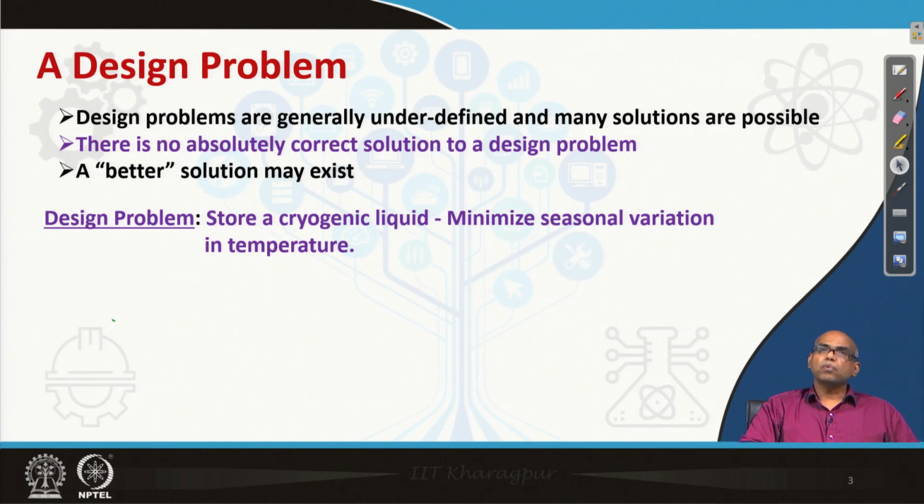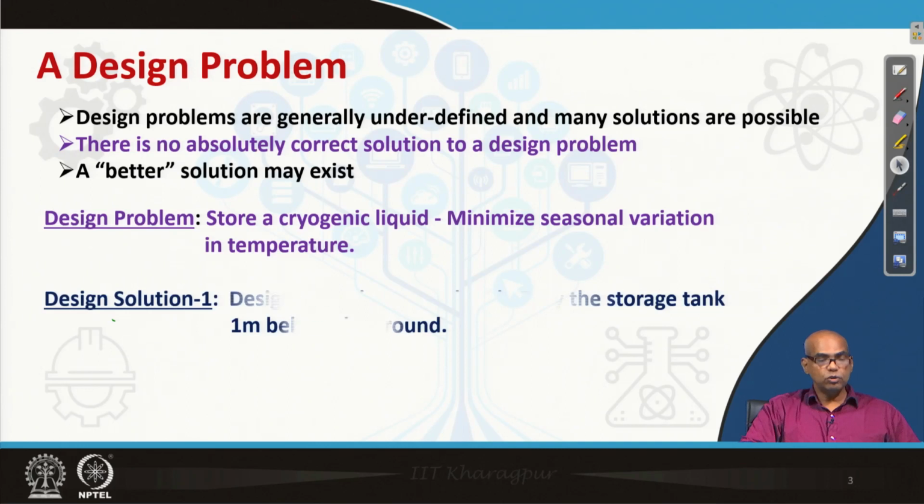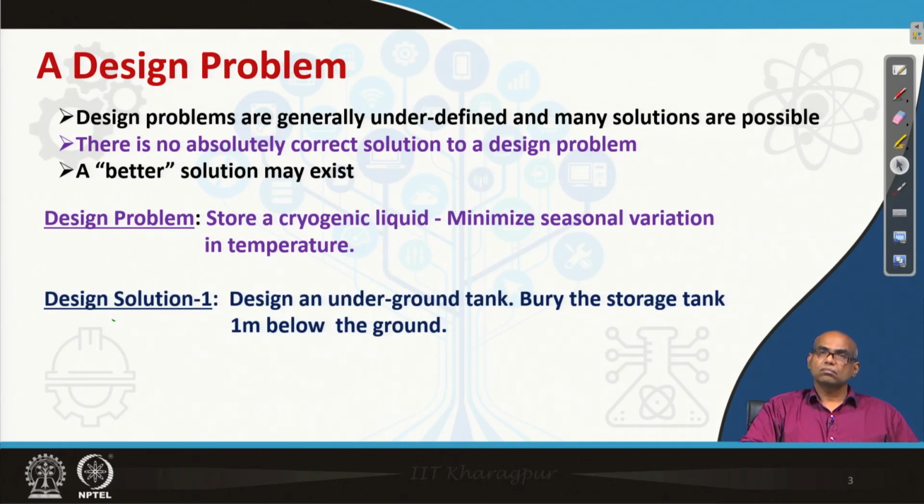Let us think of a design problem, a very simple design problem. You have to store a cryogenic liquid so that you can minimize seasonal variation in temperature. So, one solution can be you design an underground tank and let us bury the storage tank say 1 meter below the ground.